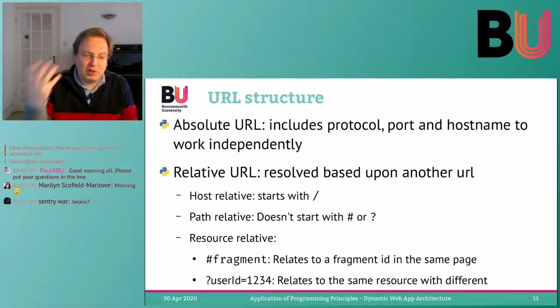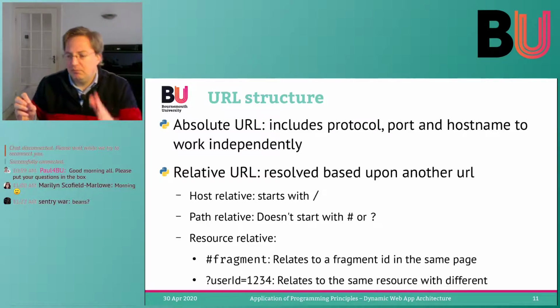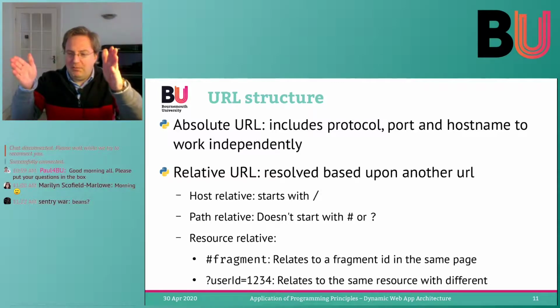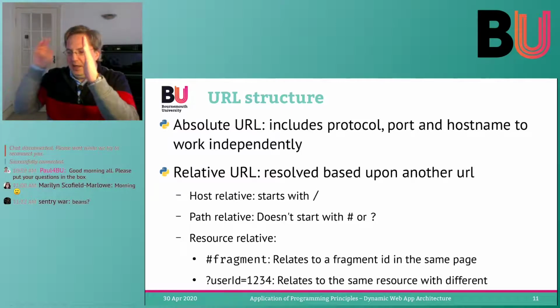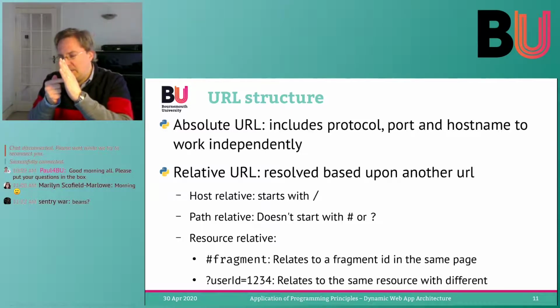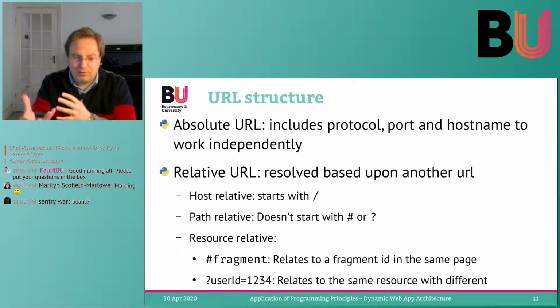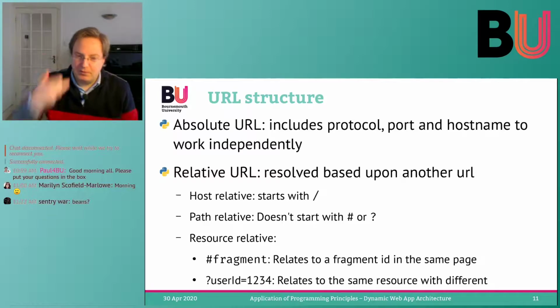If you don't start with a slash, or actually a hash or a question mark, then we have a path relative URL. What it will do is look at the current resource name without any of the question mark or hash bits, and then it strips everything away until it sees a slash, and then it will use the name it's given and add that instead of the current resource.